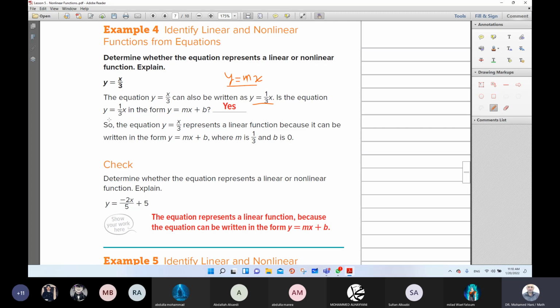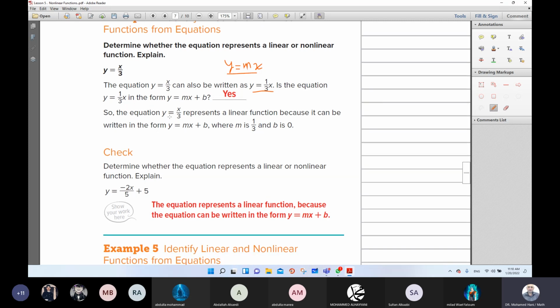In the equation y equal 1 over 3 x, in the form y equal mx plus b, yes, but the value of b here will be what? 0. So the equation y equal x over 3 represents a linear function because it can be written in the form y equal mx plus b, where m equal 1 over 3 and b equal what?